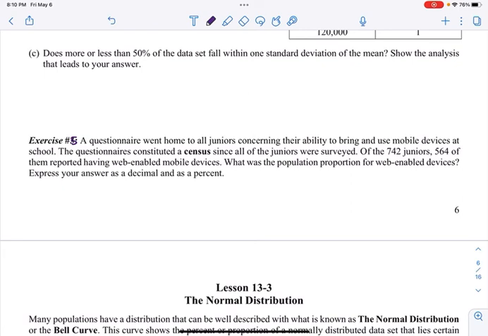Of the 742 juniors, 564 of them reported having web-enabled mobile devices. What was the population proportion for web-enabled devices? So the population proportion is very easy. I'm just going to represent these numbers as a fraction.